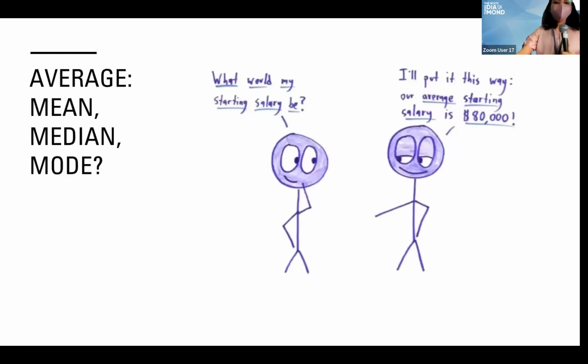Okay, for example, this one. This person asked, okay, so if I join your company, what would my starting salary be? And then the guy said, well, let me put it this way, on average, the starting salary is 80,000. But what is the flaw in that statement? Will you question that one? If you hear the average salary is 80,000, what question will you ask?